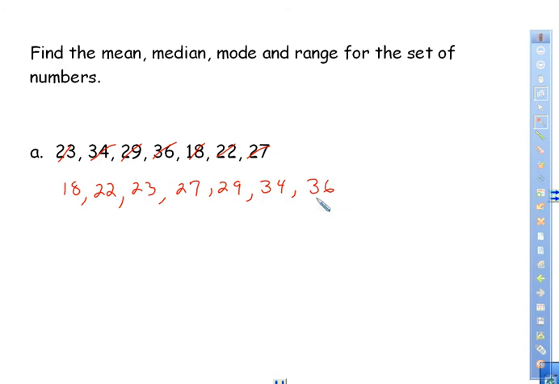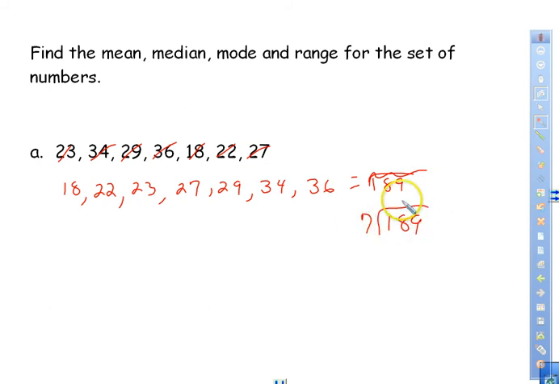Okay, so for finding the mean, you're going to have to add all of these numbers together. So go ahead and do that. For time's sake, I'm going to use a calculator. 18 plus 22, 23, 27, 29, 34, and 36 is going to give me 189. We are going to take that number, and there are 7 numbers, and we're going to divide that by the 7.